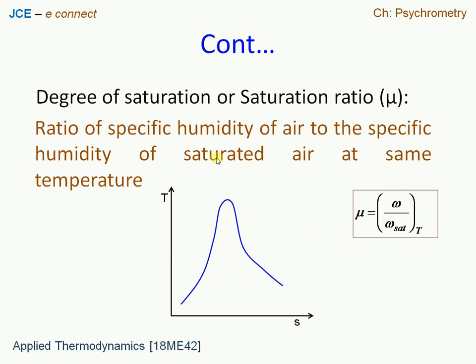Let's now understand the saturation ratio with the TS plot. Here we have a TS plot and we have a saturation dome. Let's say that our sample, that is the moisture, is in the superheated region, and we know that it has some partial pressure PV. We see that this moisture becomes saturated when it approaches the saturated vapor curve.